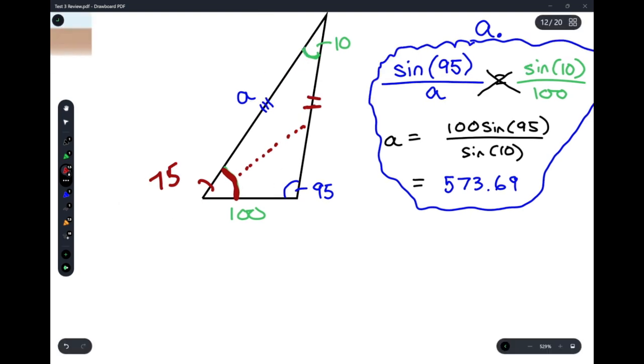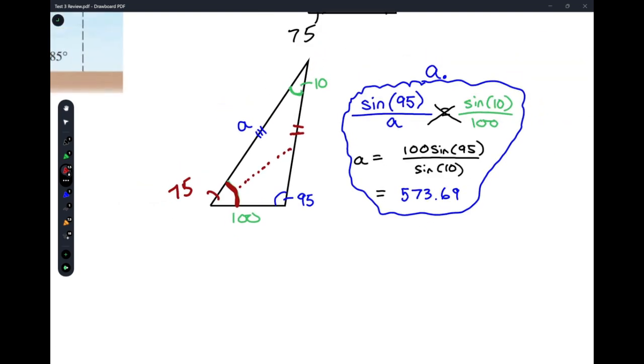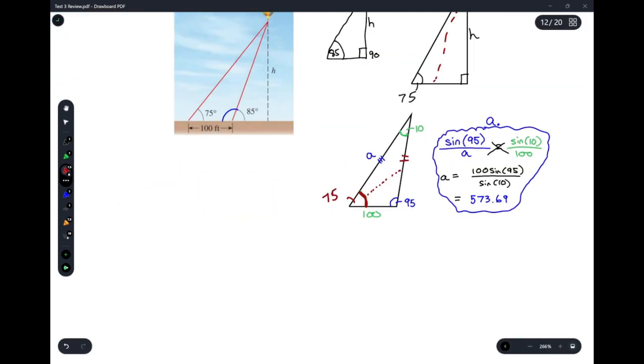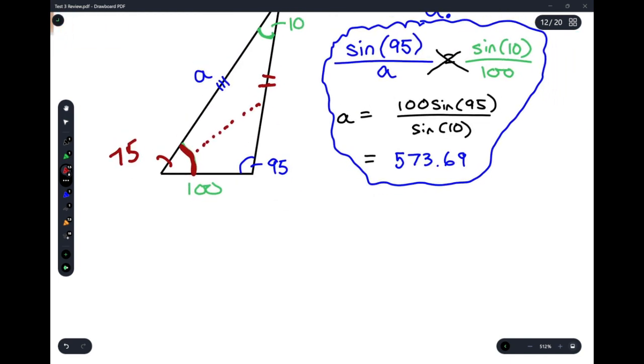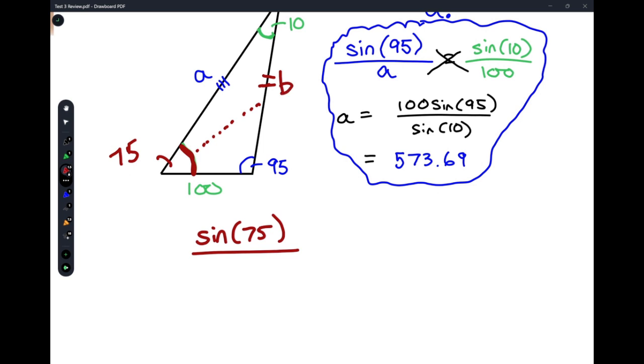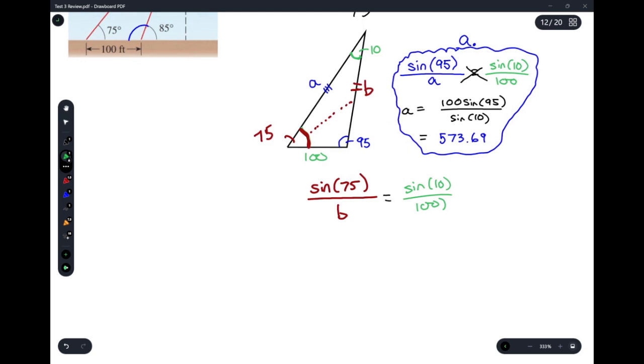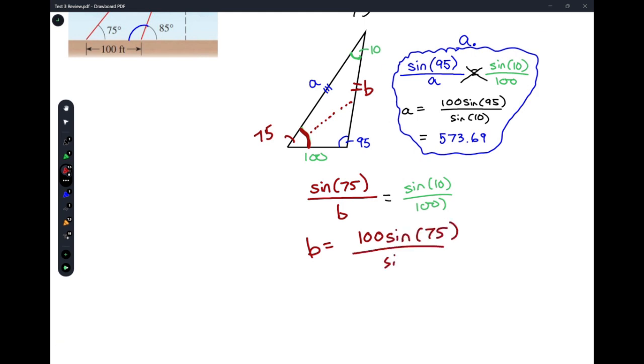I might have made it a little too straight up in this picture, so it's annoying. But okay, so then we're going to go sine of 75 over B is equal to, use the same two ones because why not? They're whole numbers, 10 and 100. And so B is equal to almost the same formula: 100 sine of 75 over sine of 10.